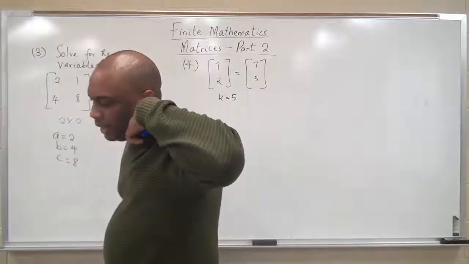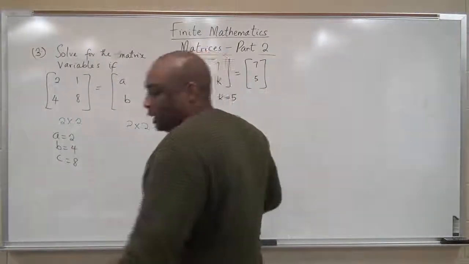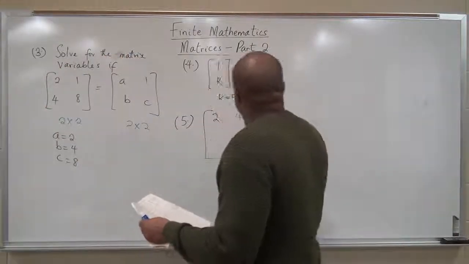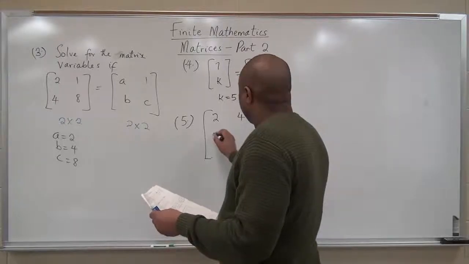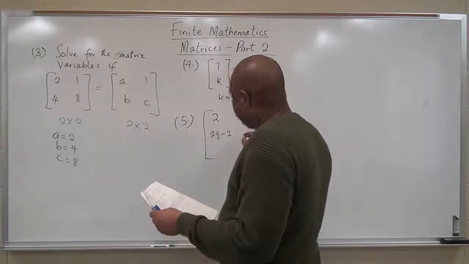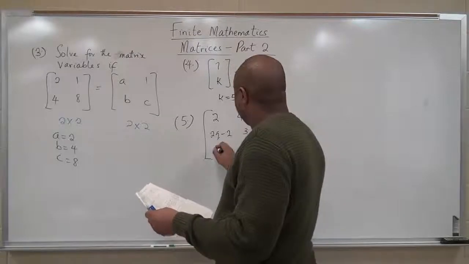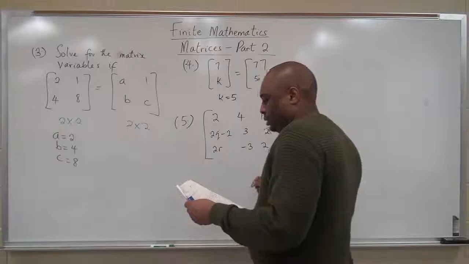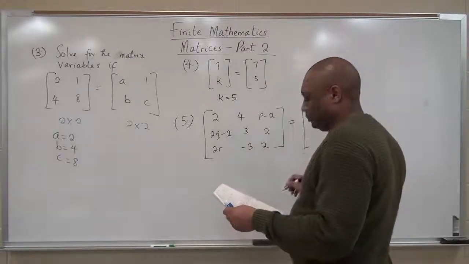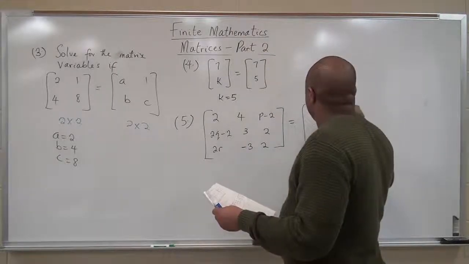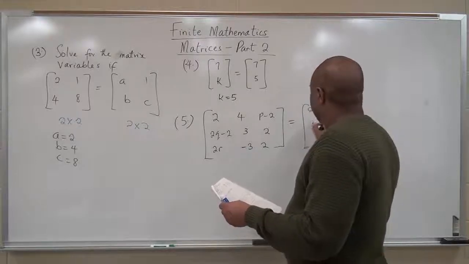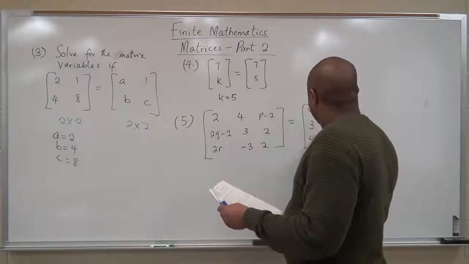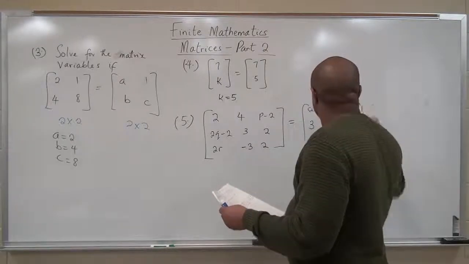Question 5, now this must be 7 for it to work. Question 5, you have this: 2, 4 by row, 2, 4, P minus 2, 2Q minus 2, 3, 2, 2R, negative 3, 2, equal to 2, 4, 5, 3, A, 2, 4, negative 3, 2.